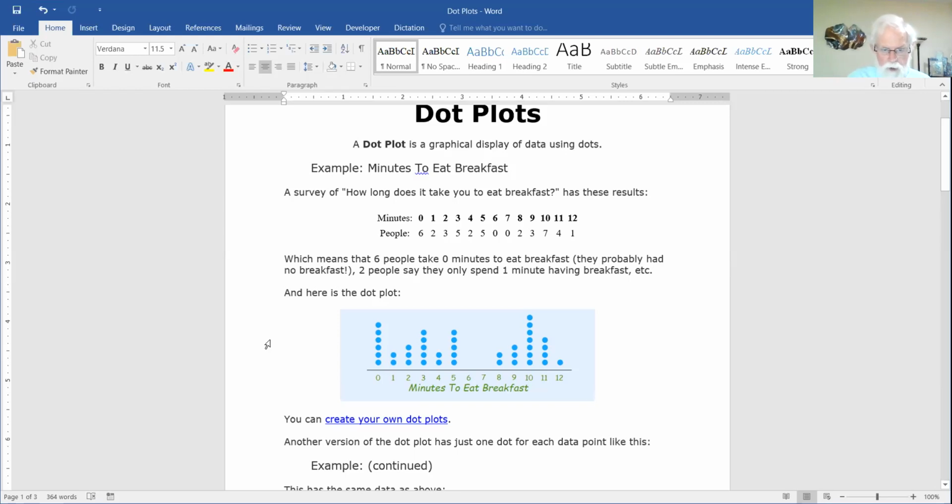We can have ranges and numbers of people in those ranges. But the issue here is we don't need a y-axis because we're going to put a dot over every number of minutes, one dot going vertically for each person who answered at that level. Oh, okay, that's pretty simple.